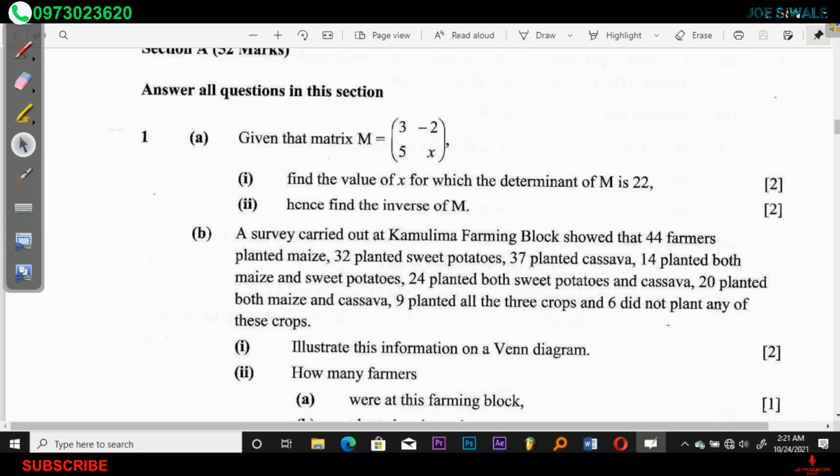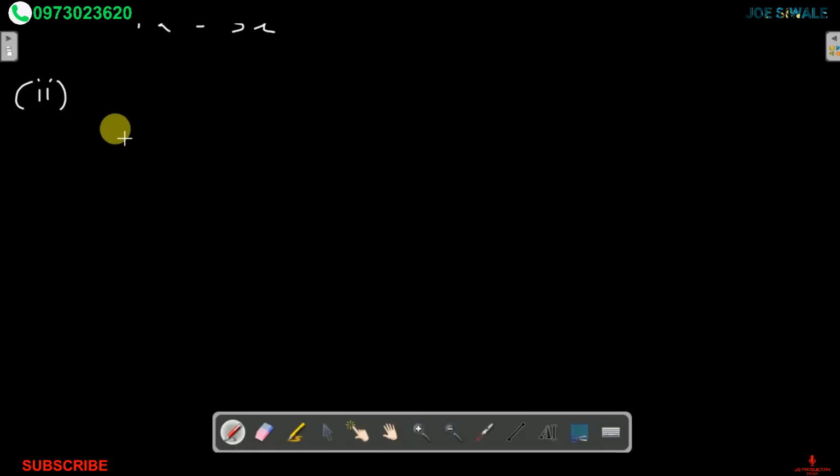Then Part 2 reads, hence find the inverse of M. So for that matrix M, we can calculate the inverse since we know the value of x, which is 4. So we can say matrix M is equal to 3, then we have negative 2, then 5.